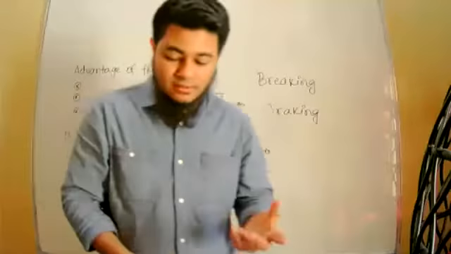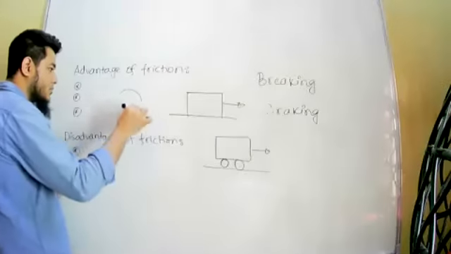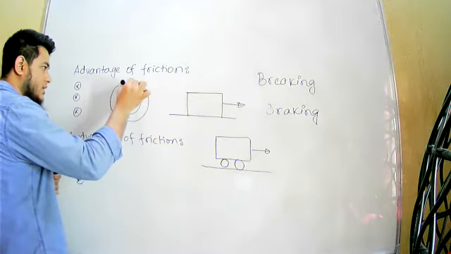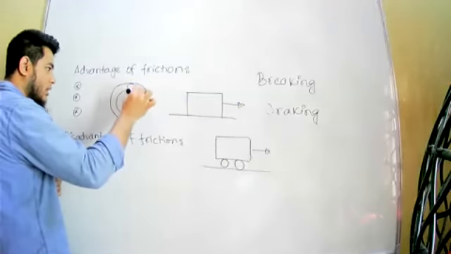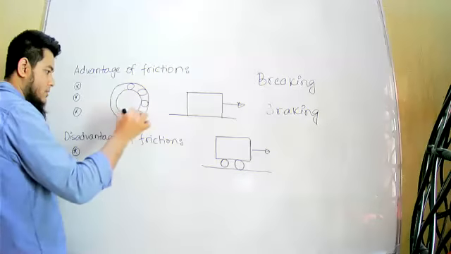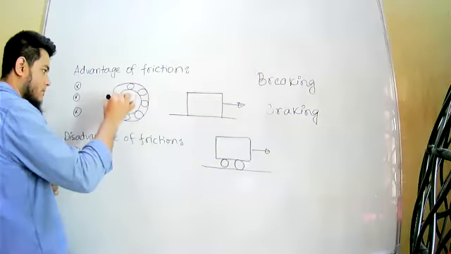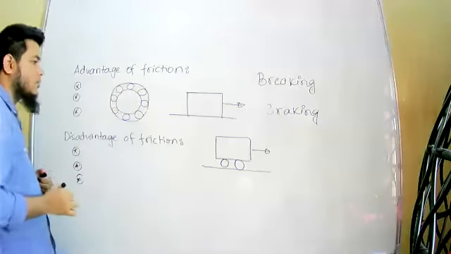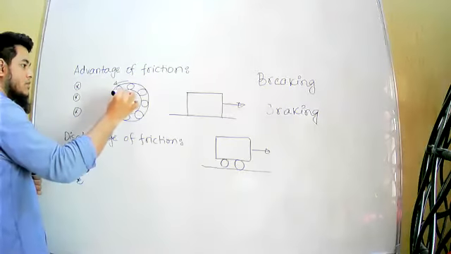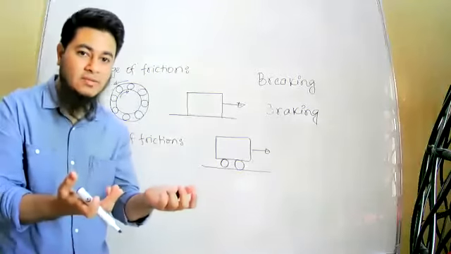Then using ball bearing. Now a picture of a ball bearing is given, you must have seen this thing in practical life. Those who work with cars should recognize ball bearings very well. This is called a ball bearing. So if the upper surface wants to rotate in one way and the bottom surface wants to rotate in another way, then using ball bearing we can make it very easily possible.